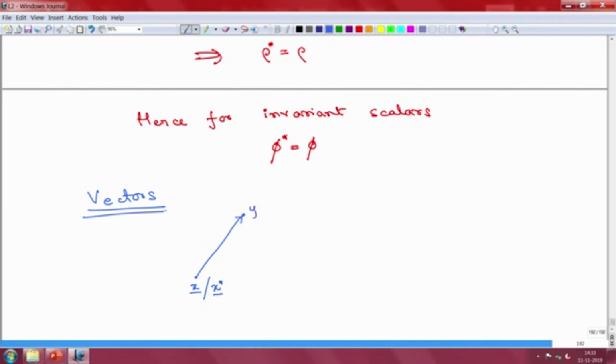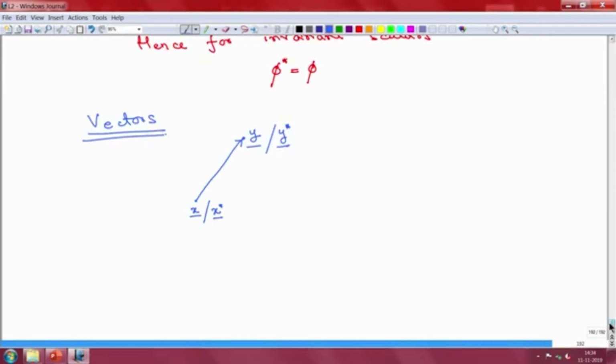Similarly, this is another point, let us say this is y, and in the rotated frame, in the new frame, the rigid body translated and rotated, you have y star as the new value. Now, displacement, we have to understand, is something that is truly frame invariant, because otherwise how will you even discuss lengths?